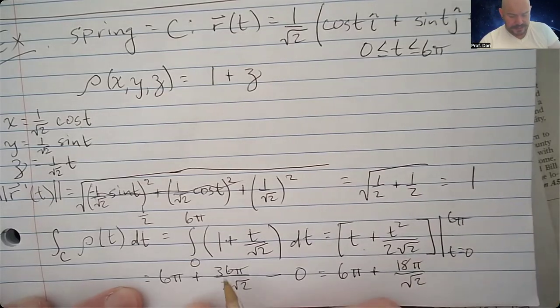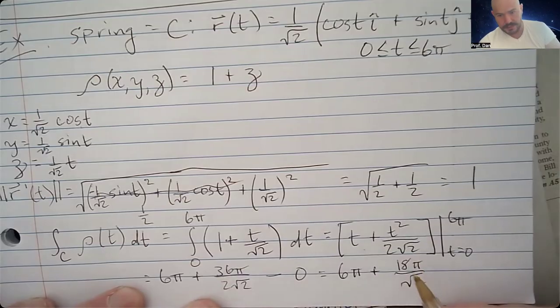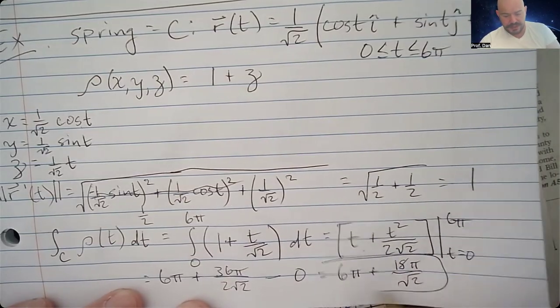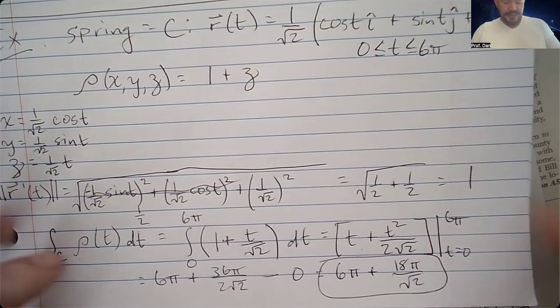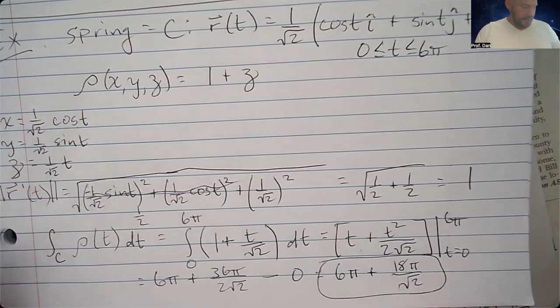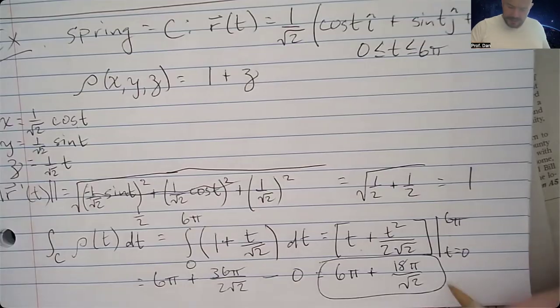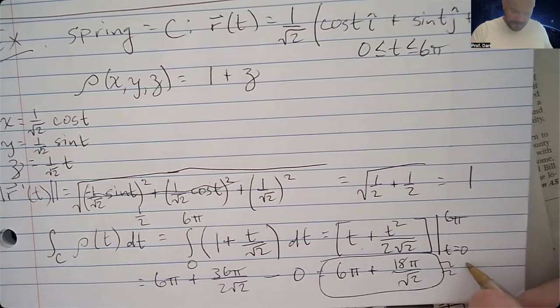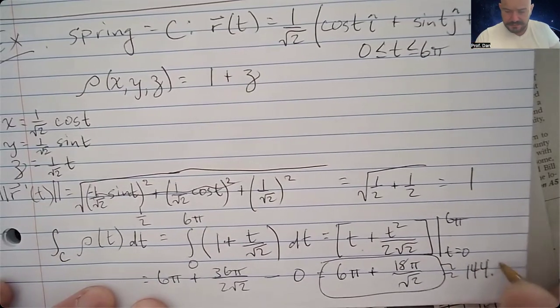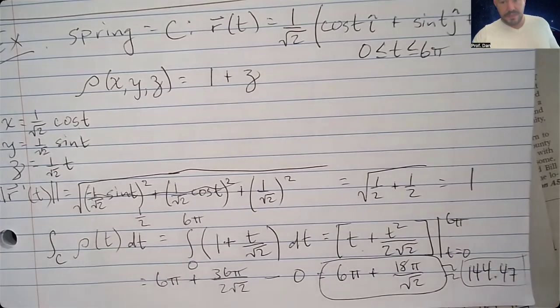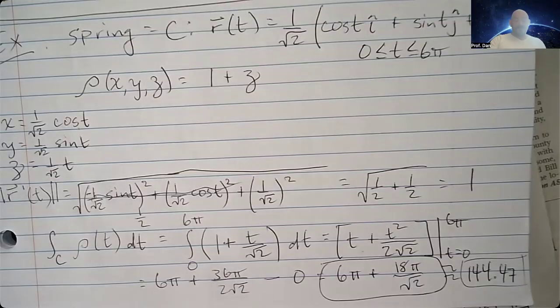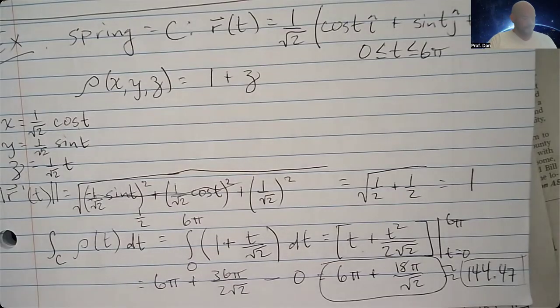Right there, all I did is I divided 36 by 2. Right? And that's our answer. I believe your textbook also factors the 6 pi out, so there's that too. Right. And there we go. That is the mass of the spring. If you were to get a decimal value for that, that would be 144.47 in whatever units agree with what the units of our density were.